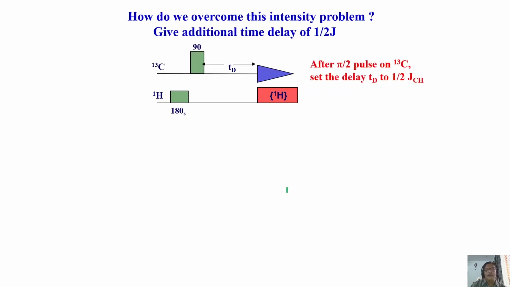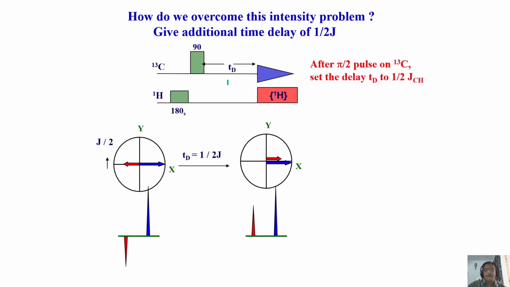Of course, how do you overcome this? I said we can give a delay. When you give a delay like this, what is going to happen, as we understood previously from the energy level diagram, is that the minus and plus components will start moving in the other direction. After some time, they will come and overlap here, in the sense that they come in the same phase, on the x-axis, where my detector is.